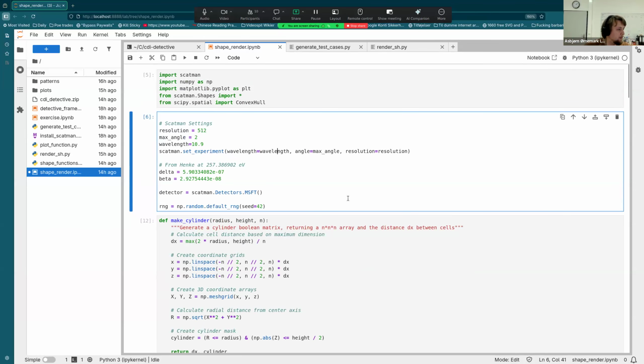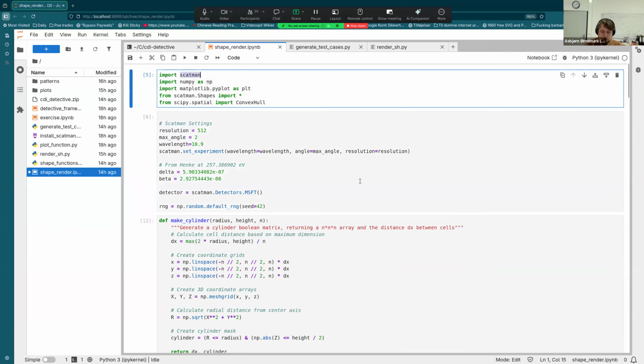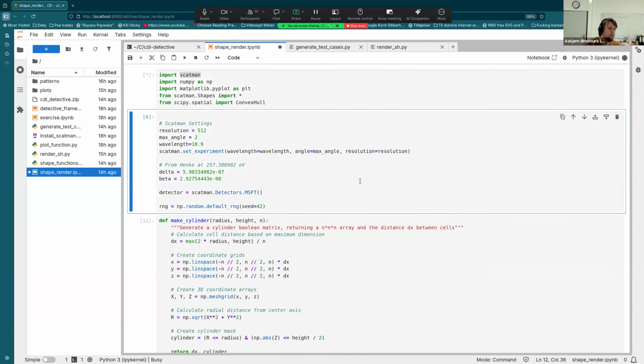Generally the way it works is you import it. This is just a Python package. And if you have any questions along the way, please just interrupt.